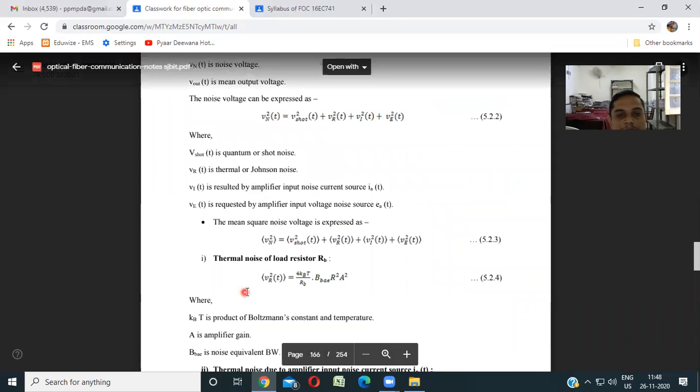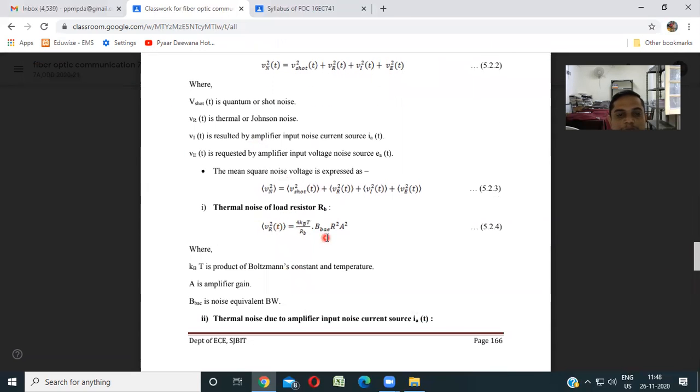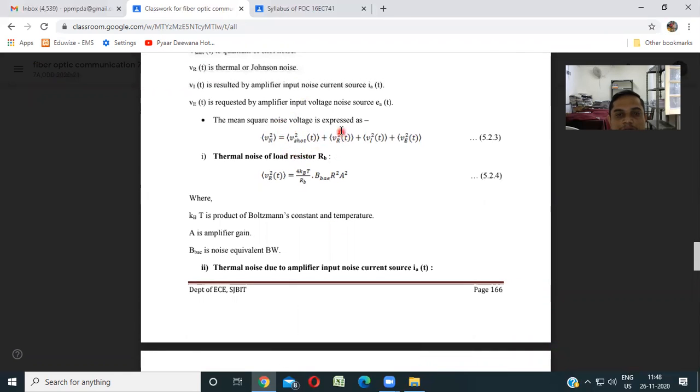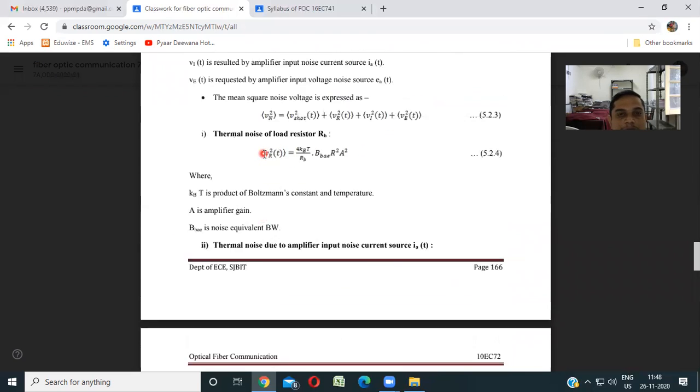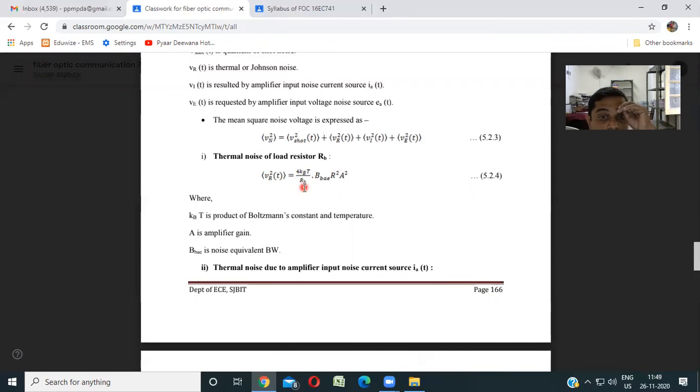So one by one, what is shot noise or thermal noise? Go through this. These are the equations of these. And this equation is given by VI, then VE. VR is given by 4kBT, Boltzmann constant, RB.